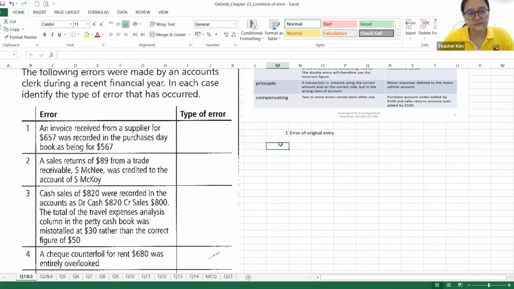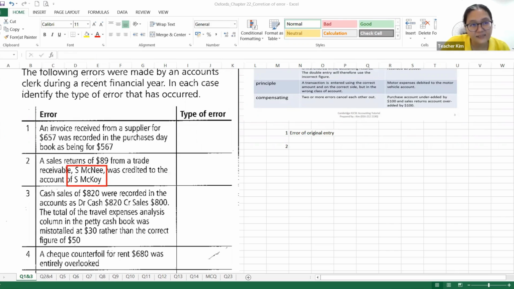Okay, second, a sales return of 89 from a trade receivable was credited to the wrong account. You see the names of it, there are 2 different names, both also customers. Credit the customer, but a different account.